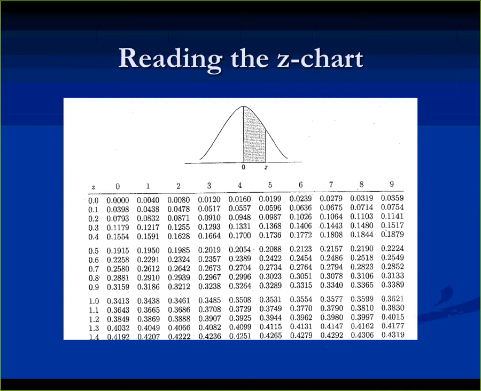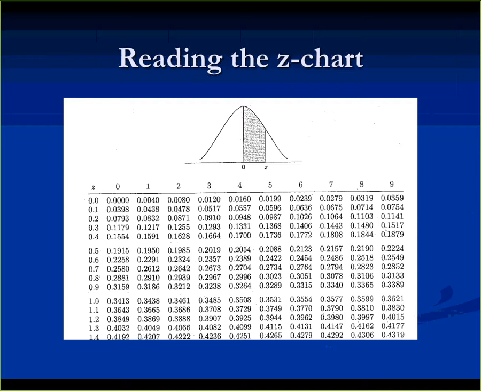And what that's telling you is that the area under the normal distribution, from the center of the distribution to 0.4 standard deviations away, is 0.1554, or 15.54% of the entire area under that normal distribution. Okay.